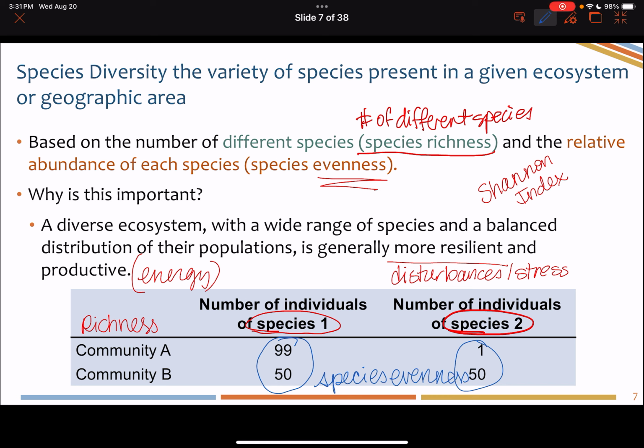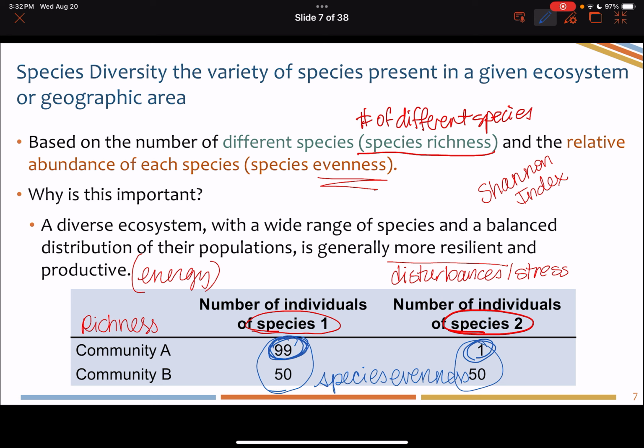We said that an ecosystem that has a more balanced distribution of species is going to be more resilient and more productive. If we look at community A, we see that their richness is the same as community B. We have 2 species in each community, but community A is almost exclusively species 1, and there's only 1 individual of species 2.